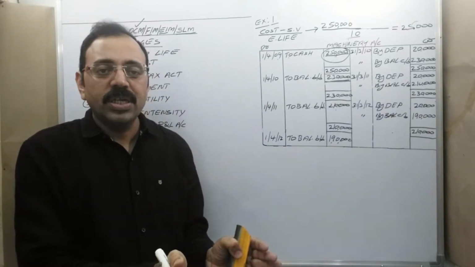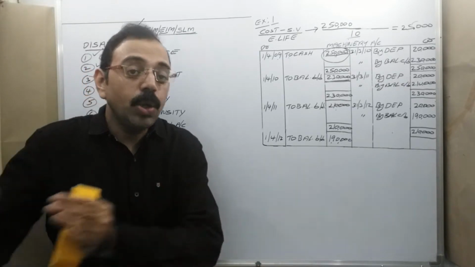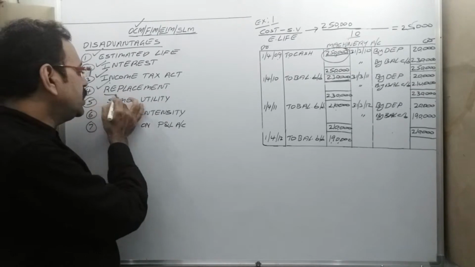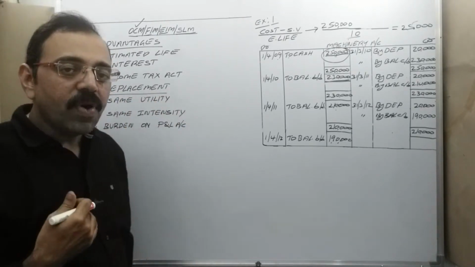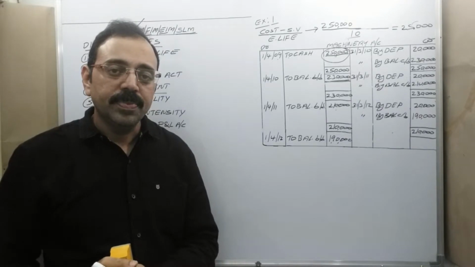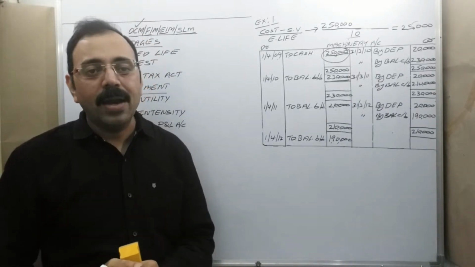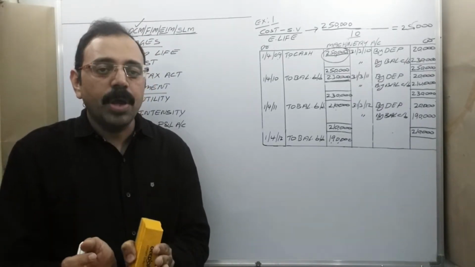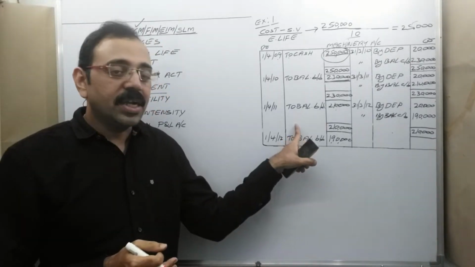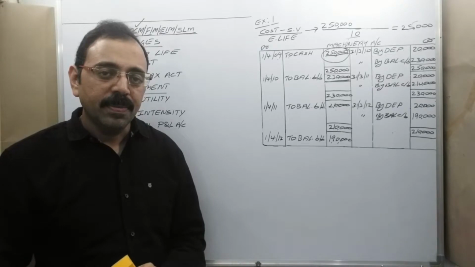With that sale proceeds, firm purchases a new asset. Means what? To replace the present asset, firm follows a particular procedure. Okay? In a systematic manner, firm saves some amount to replace the asset when present asset is totally damaged.